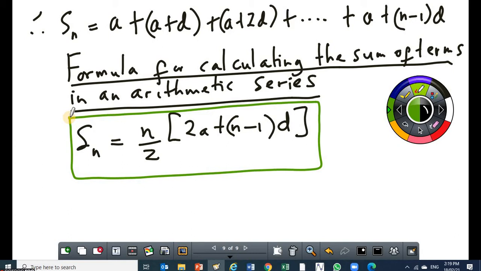Now here, you need to write down what those letters represent.